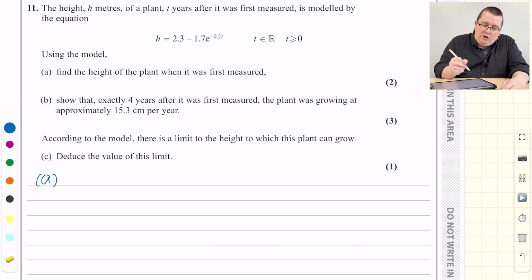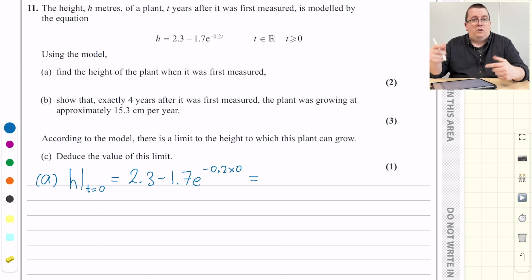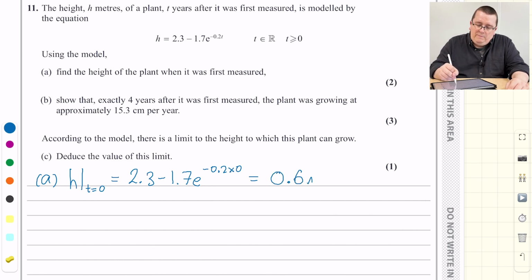Okay, so we want to substitute t is 0 into our height equation. So 2.3 take away 1.7 e to the minus 0.2 times 0. Now e to the 0 is of course 1, so 2.3 take away 1.7 is 0.6, and that was in meters, so 0.6 meters.